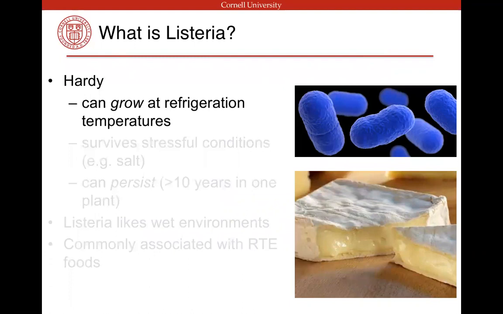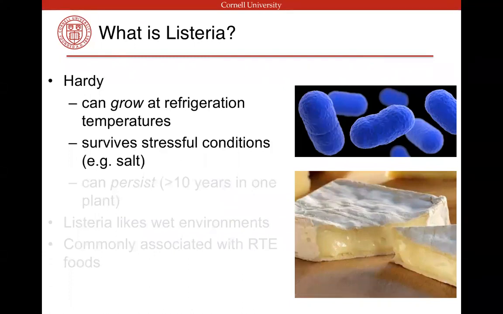So this becomes a problem if you've got cantaloupe or some soft cheese with a little bit of contamination, and you put it in your fridge for a week, because Listeria can grow in your refrigerator over that time period and become a lethal dose.